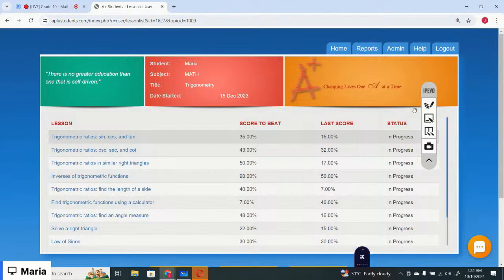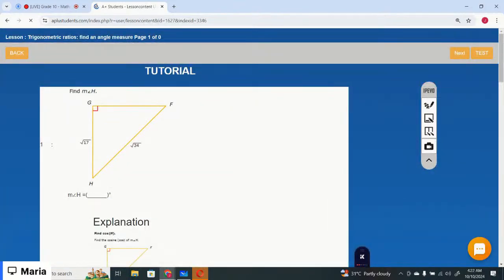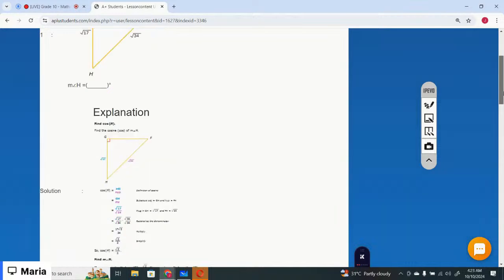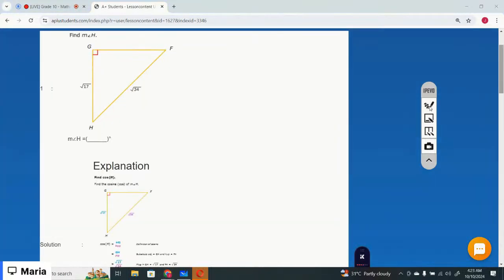The next lesson is trigonometric ratios, find an angle measure. Okay, so find the measurement of angle H. You need to find the angle H, right?